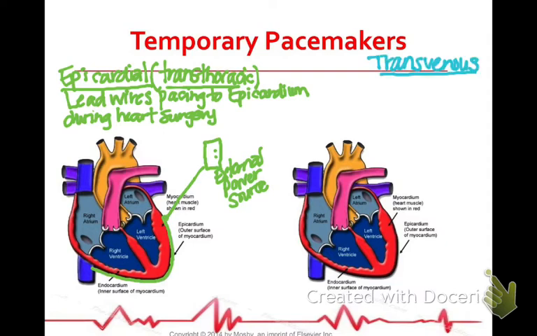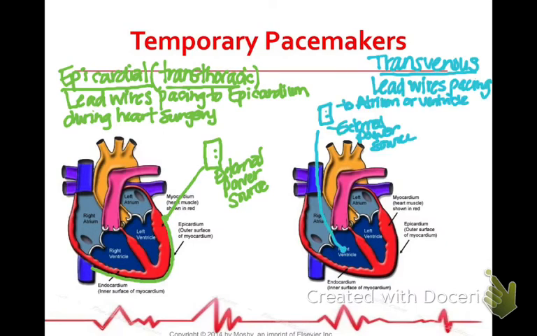Then you've got your transvenous, again, external power source, and you have your lead wires pacing to the atrium or the ventricle. Most of these are just put in emergent. Like I had a patient one time that had an internal pacemaker put in, and it wasn't working.